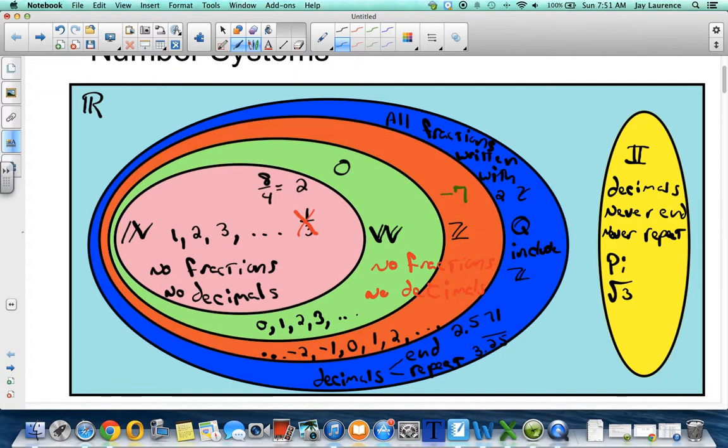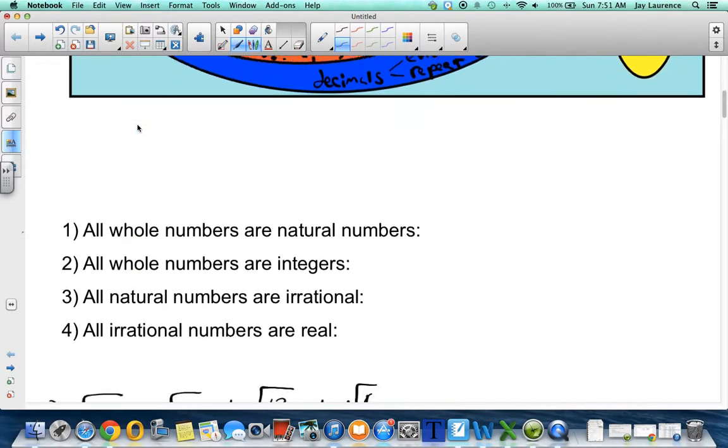Square root of 3 is 1.7320508... See dot, dot, dot, it means it goes on forever without repeating. Altogether, these make up the real numbers. All right, these are the real numbers, all of these. The entire number line is a representation of the real numbers. You won't find any imaginary numbers on the number line.